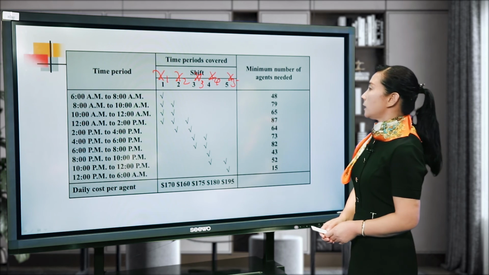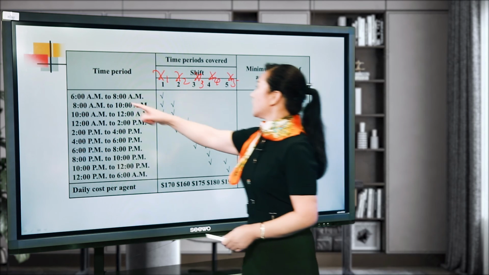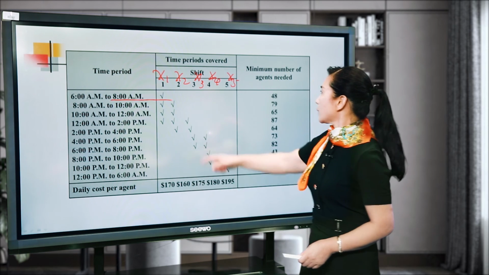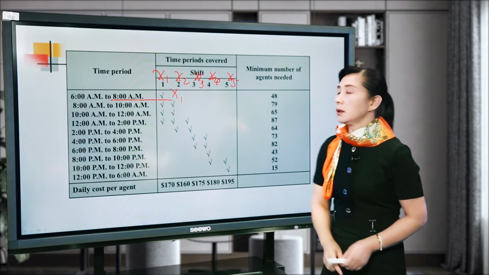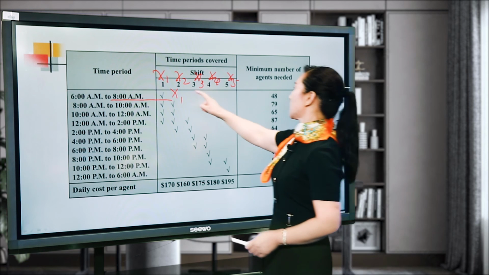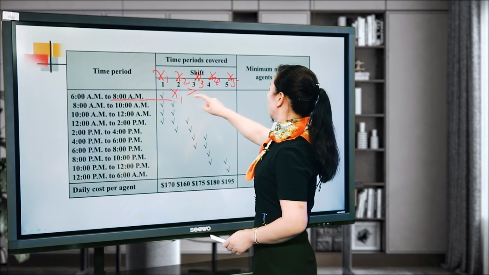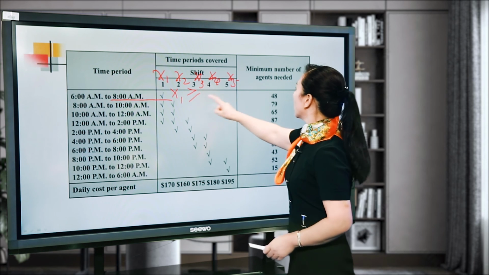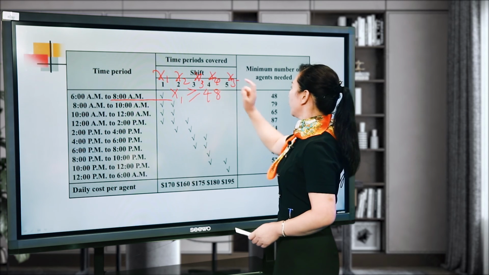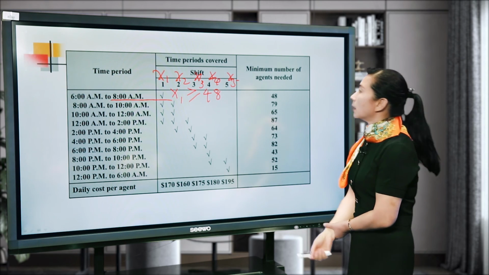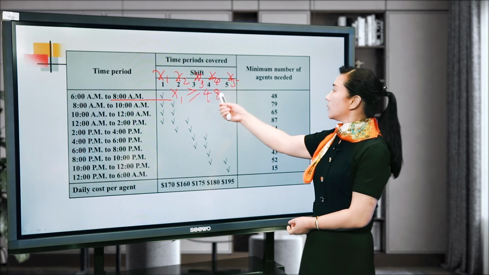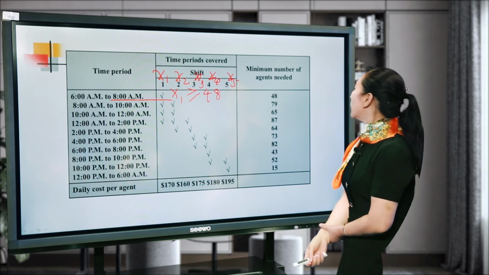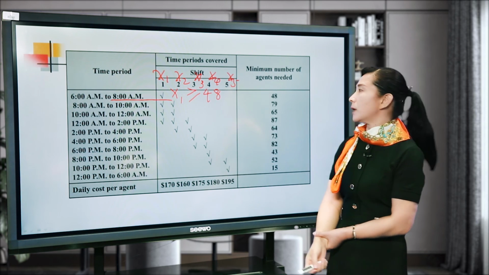And the constraint is: in this period, only x1 can work. So x1 must be greater than or equal to 48. That is, the number of agents working in this period must be greater than or equal to the minimum number of agents in this period.